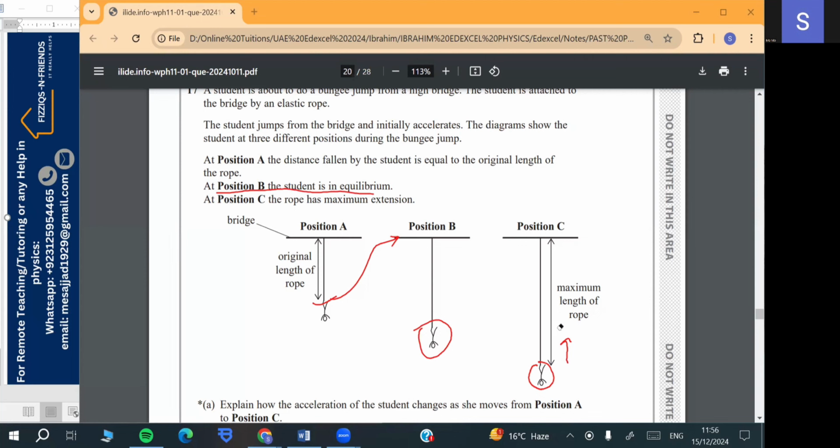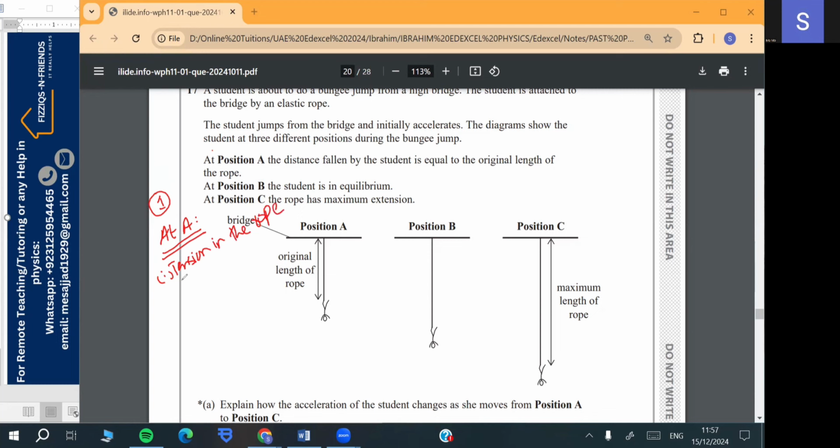So when a body is freely falling, the tension is 0. When tension is 0, what will you write at A? Because this is a 6 marks question, it's 2 marks for each section. At A, number 1, tension in the rope is 0.